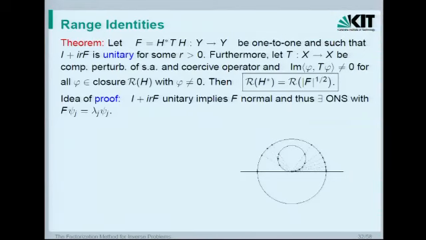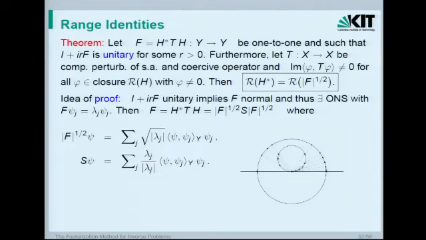H is a compact operator, so F is a compact operator, so it has a discrete spectrum, and it's one-to-one, and you're right, I have to add here compactness of that. Okay, so F is normal, and there exists a complete orthonormal system of eigenfunctions and eigenvalues.